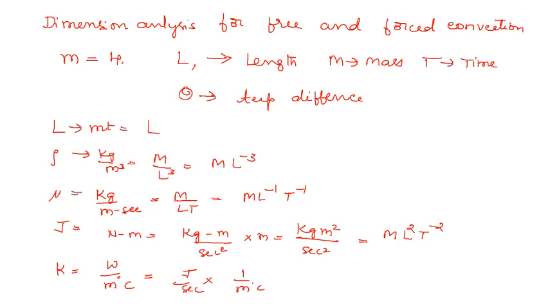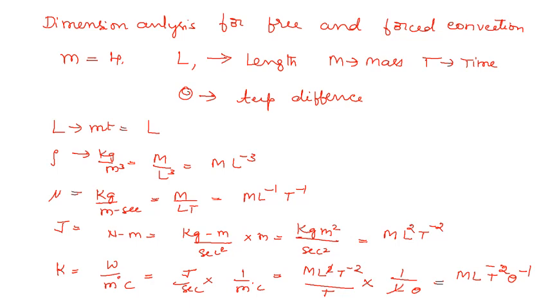Joule we have already derived in the earlier step, ML to the power 2 T to the power minus 2, divided by second, which is T, and for the meter we use L and theta. On simplification, we will get MLT to the power minus 3 theta to the power minus 1.